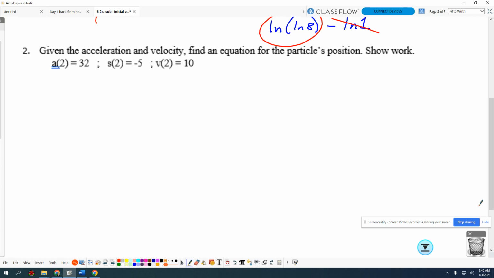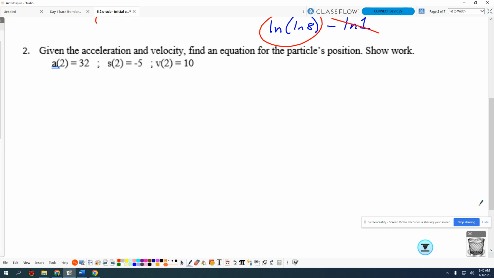Well, velocity is the derivative of position, and then acceleration is the derivative of velocity. Okay, so I need to undo differentiating. How do I do that?